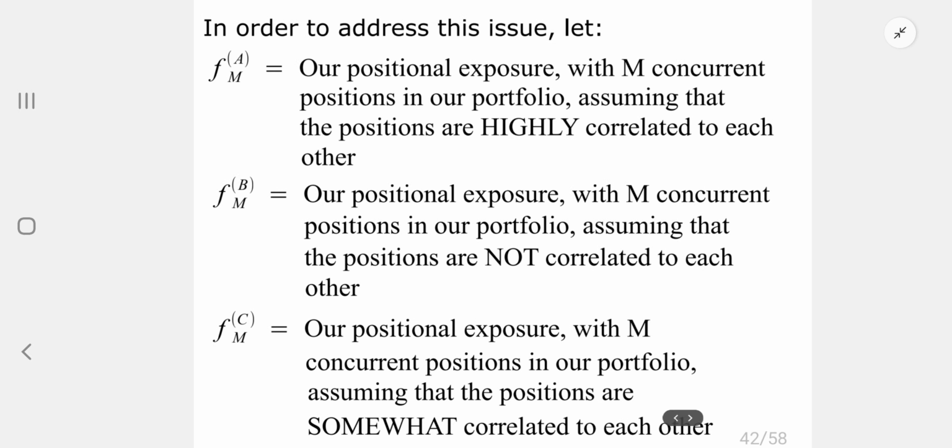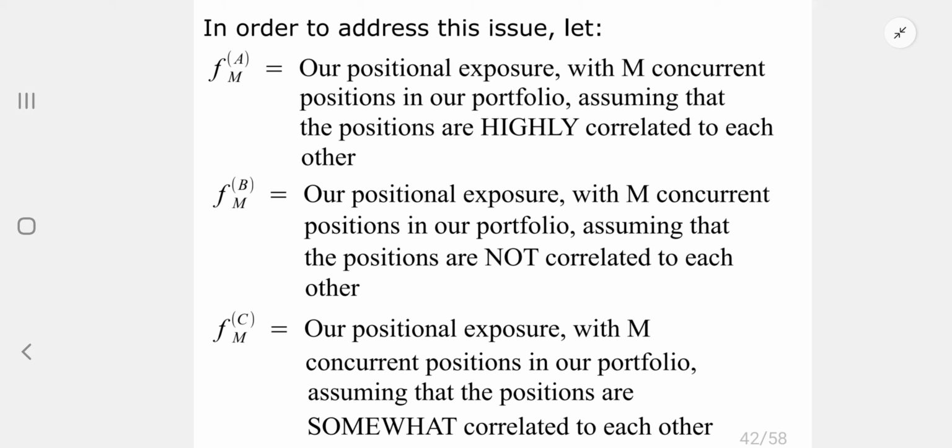In order to address this issue, let small f_A(M) equal our positional exposure with M concurrent positions in our portfolio, assuming that the positions are highly correlated to each other.